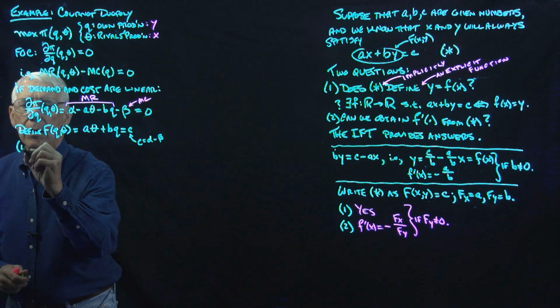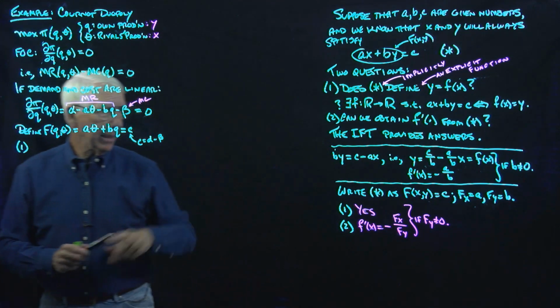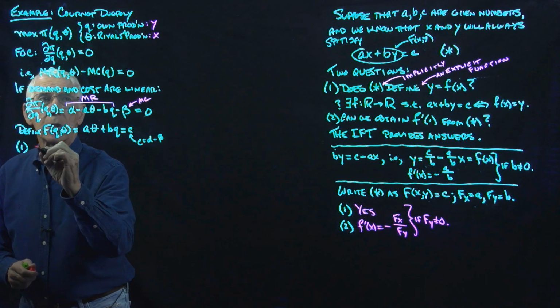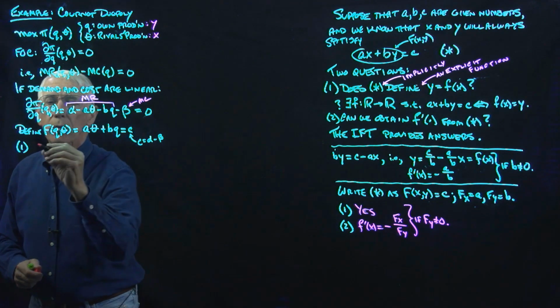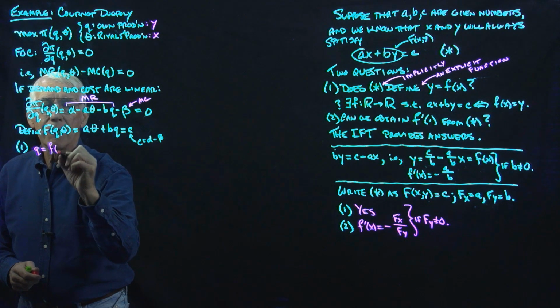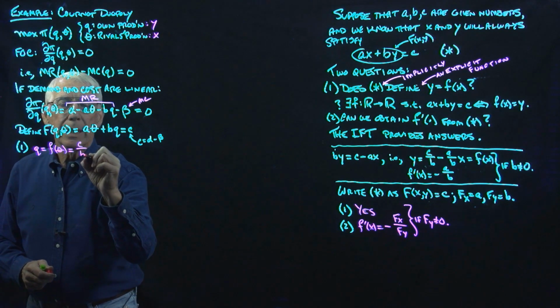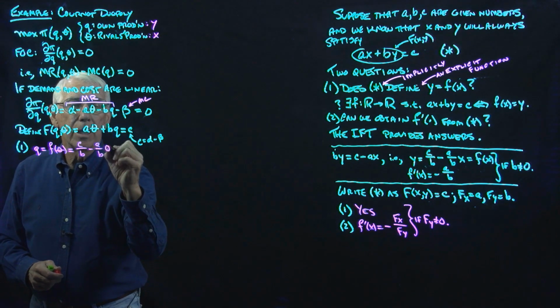And so what we have is, and let's even put this in pink again, square with what we have down here. We have the y variable here, which is the dependent variable, which is q. We have q equals f of theta equals c over b minus a over b times theta.